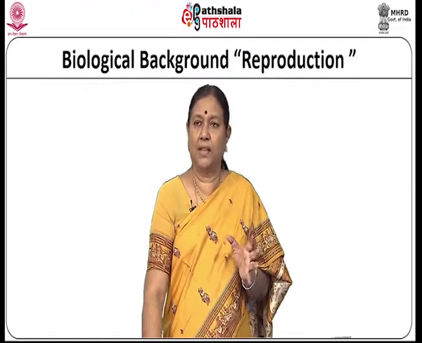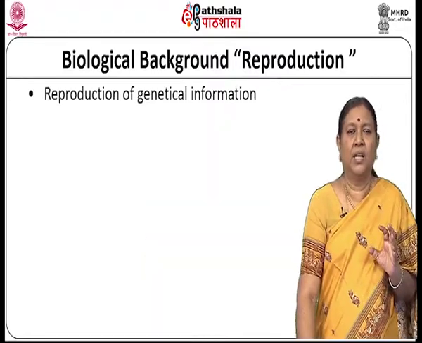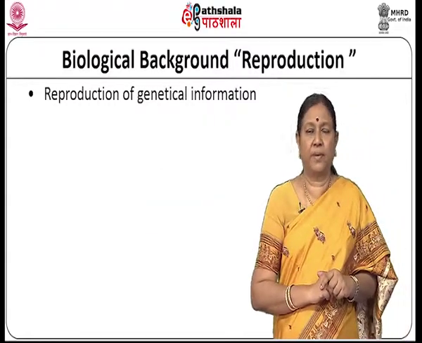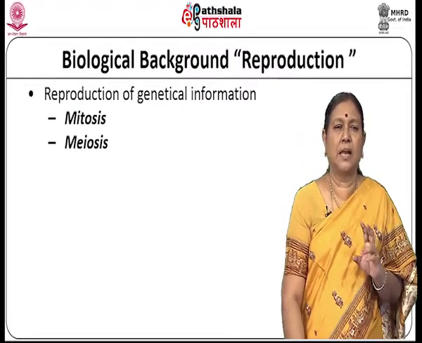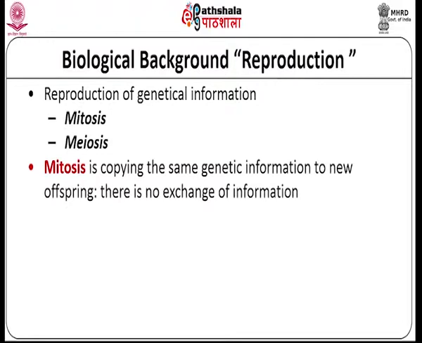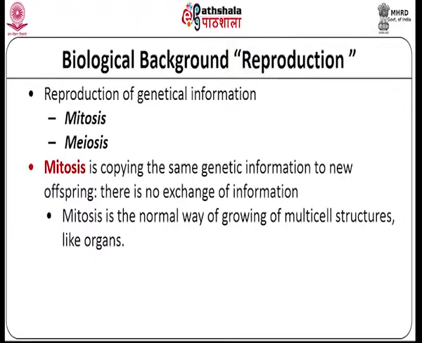This is as far as biological nature is concerned. Then we talk about biological background again, reproduction. Reproduction of genetic information is what we are bothered about, and here we talk about mitosis and meiosis. Mitosis is copying the same genetic information into the new offspring. There is no exchange of information at all. This is the normal way of growing multicellular structures and organs.